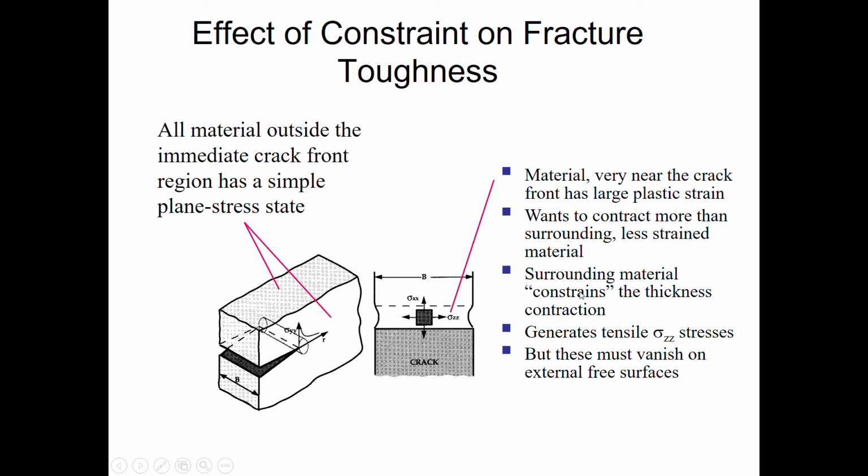Surrounding material constrains the thickness contraction. If I consider this, it is going to generate tensile sigma ZZ stresses in this direction, but this must vanish on external free surfaces.